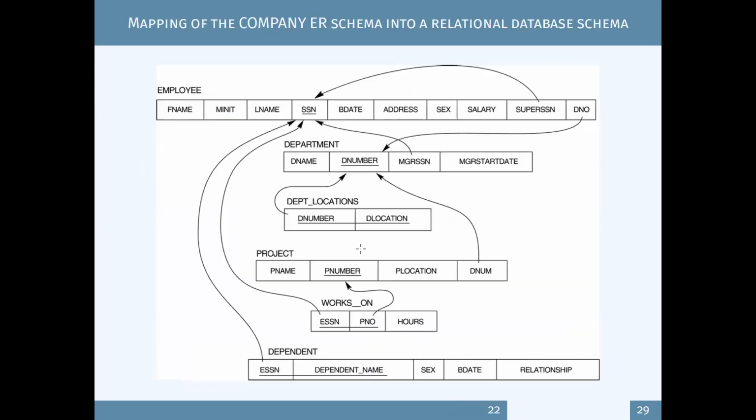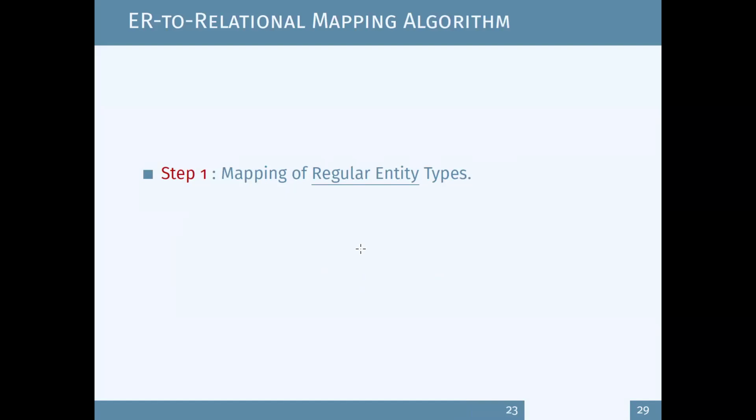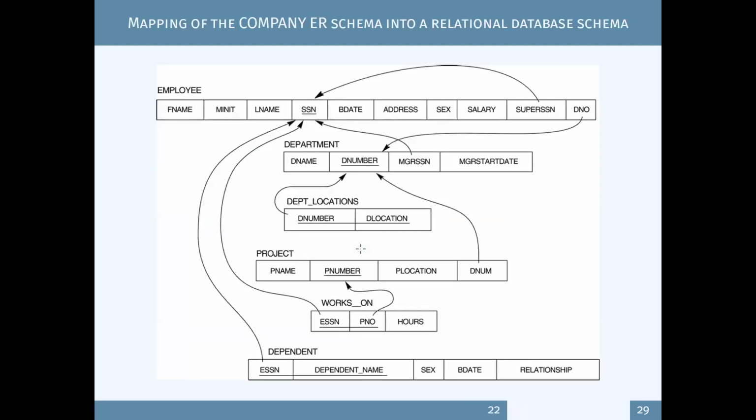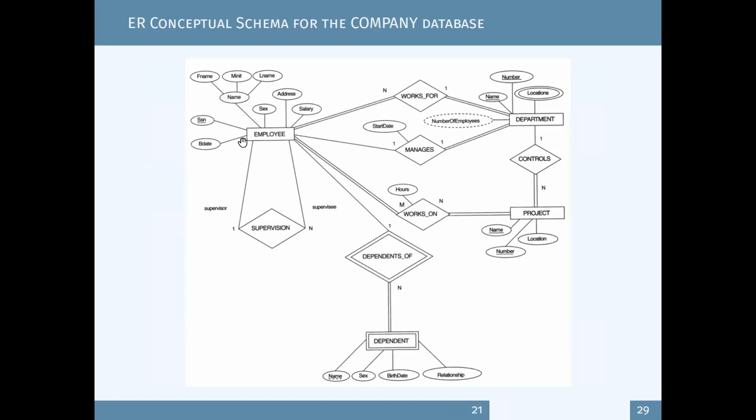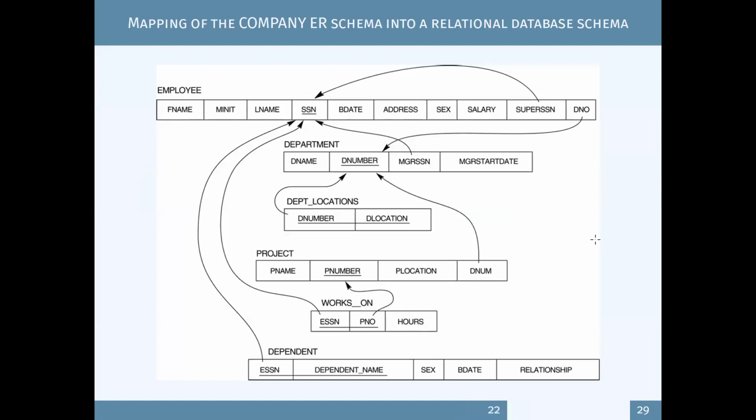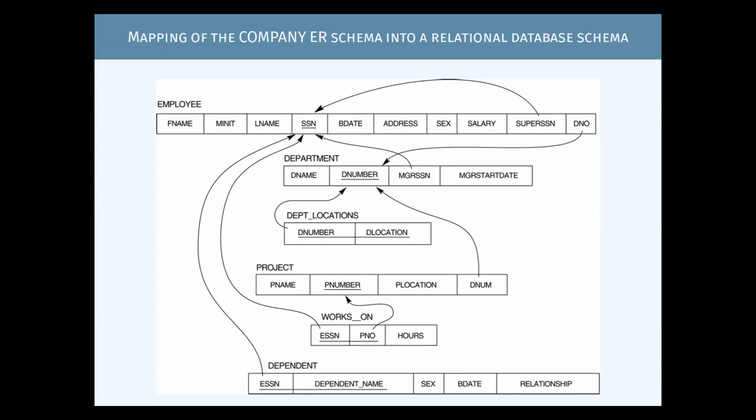Okay, so here is the theory part. How do you map regular entity types? So that means here we have employee, department, and project, and we are going to describe how you are going to map regular entity types.